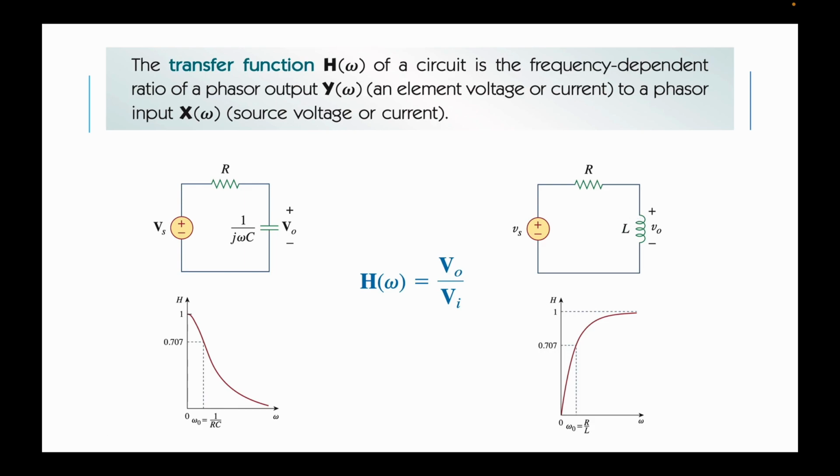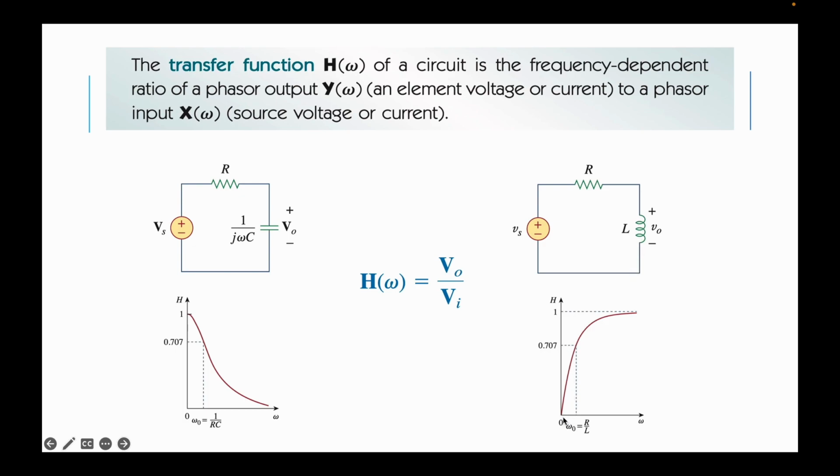We can see now when the frequency is very low, there will be a very small amount of voltage drop across the inductor because the inductor opposes a change in current. If the change in current is slow, then the opposition to the change will be very small. But as the frequency rises, the opposition to the change in current will increase.